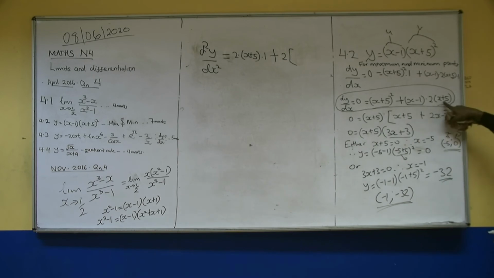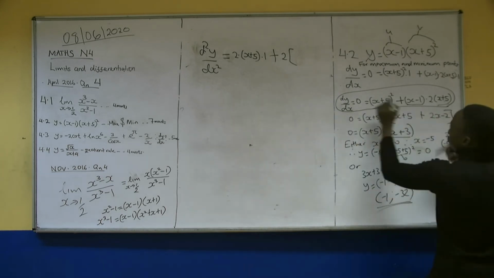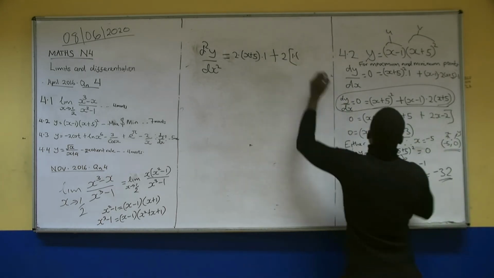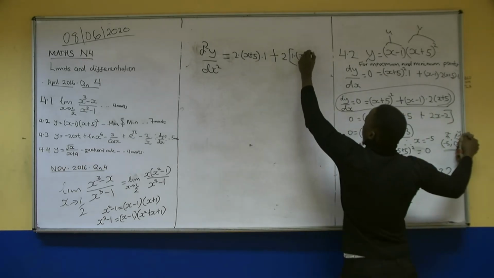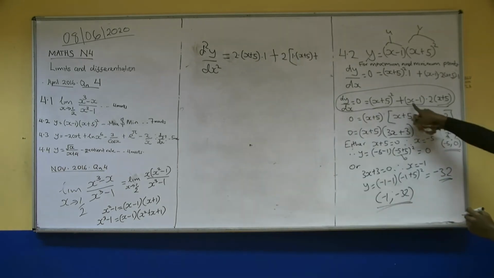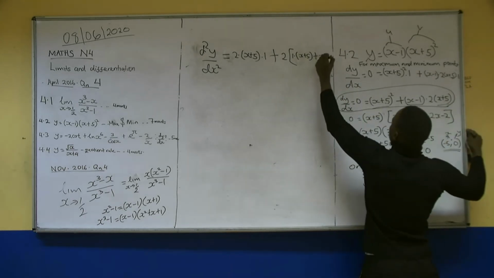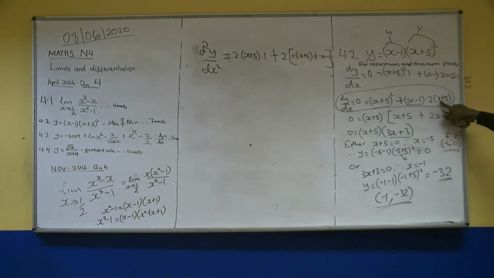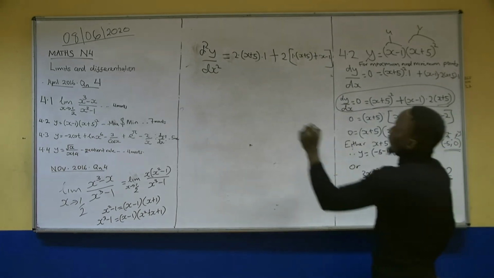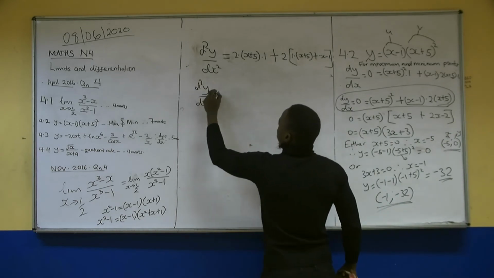Let me just use the product rule. I differentiate x minus 1 and I get 1, times I maintain x plus 5, plus I maintain x minus 1, then I differentiate x plus 5, which gives 1, because differentiating x plus 5 gives 1.